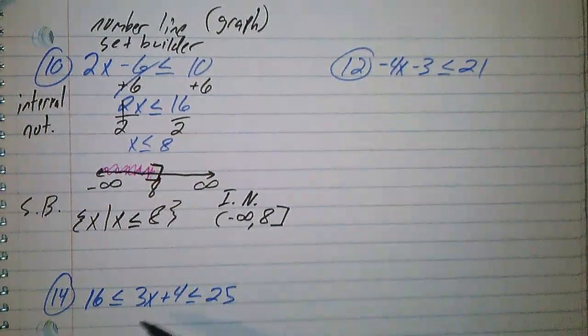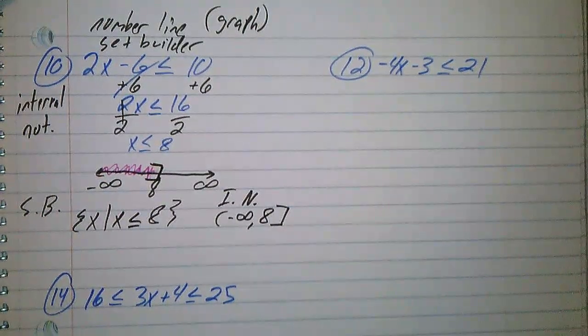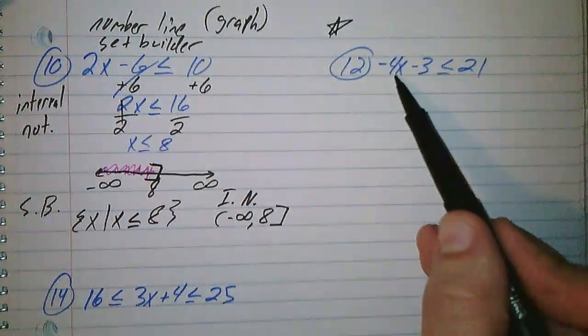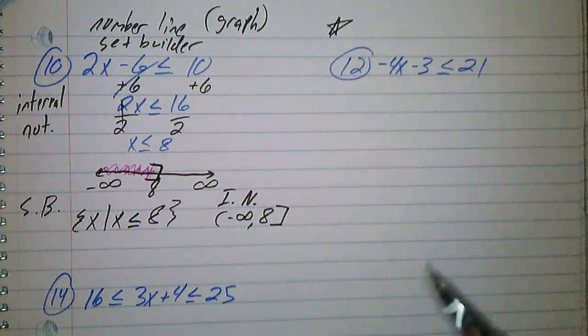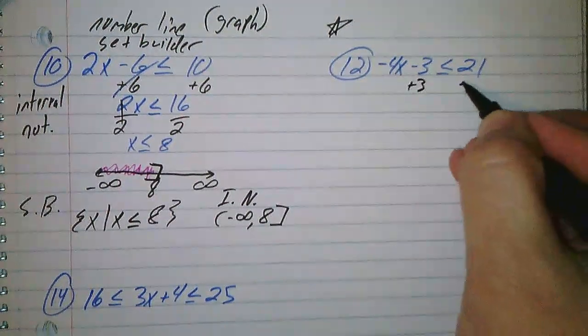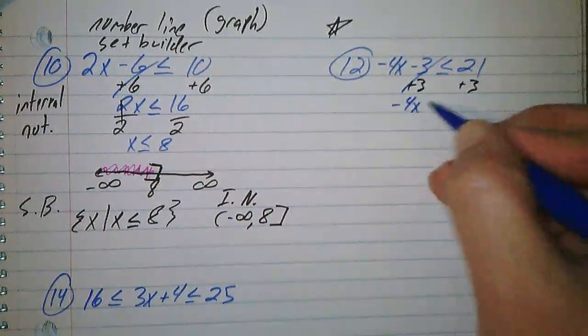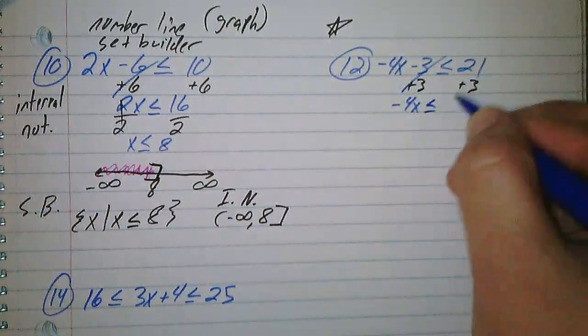If you have two symbols, students usually do better on those. It's just the two end values. So let's look at number 12, in which we have a negative coefficient. So we solve it like an equation to get x by itself. So negative 4x is less than or equal to 24.